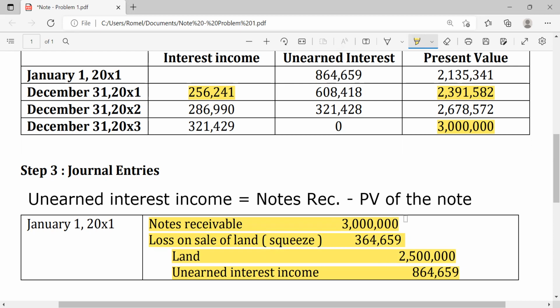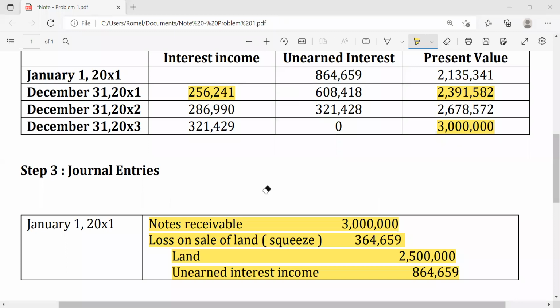Ang natanggap mo is the present value, which is 2,135,341. So, lugi ka. Kasi ang give up mo, 2.5 million. However, the consideration that you receive is only 2,135,341. So kaya loss talaga siya. Loss talaga siya kasi mas malaki yung amount or yung cost na give up mo. So this is a loss.